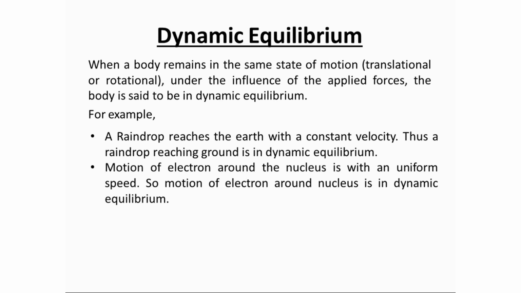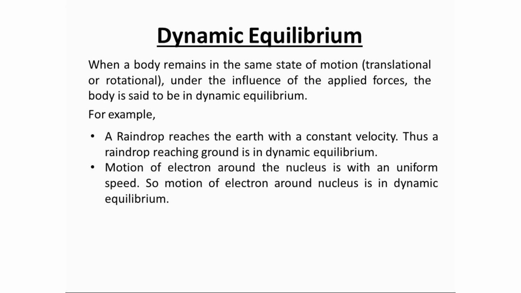Thus, a raindrop reaching the ground is in dynamic equilibrium. Due to the gravitational force of the earth, the raindrop accelerates towards the ground. This force is balanced by the force of friction due to air resistance. Hence, before reaching earth, a raindrop acquires a constant velocity which is also called terminal velocity.